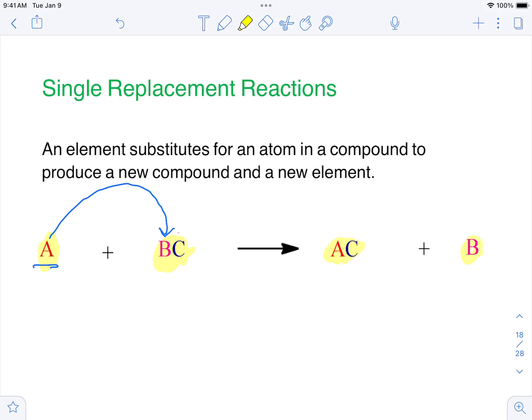So that is a single replacement. One thing got replaced. The reason A has the authority to do that is A wants to react with C more than B wants to react with C. And we know that's from something called the activity series table. It's a table that tells you what is more reactive than the other thing.